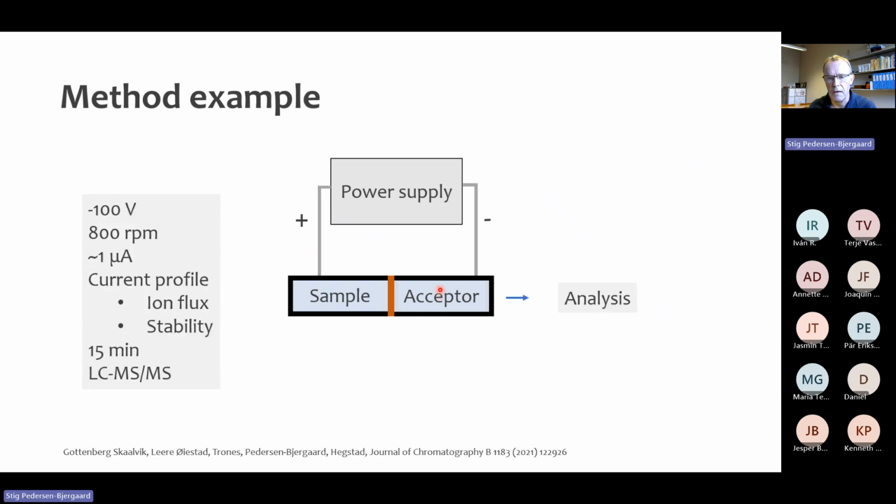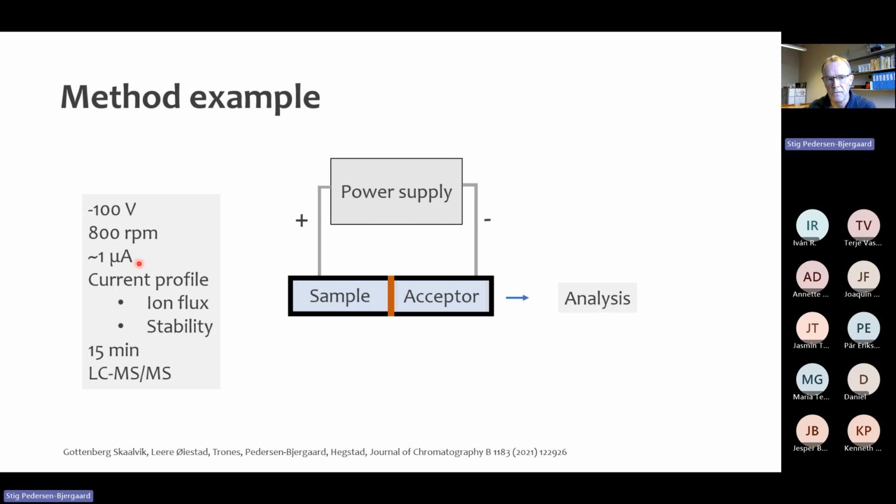We then apply the electrical field. We put the minus electrode in contact with the acceptor because we are to extract positively charged compounds from sample and into acceptor. We also shake the system because the transport of analyte from bulk sample to the membrane is mainly by convection, so strong agitation is important. And when we apply the voltage, the current that flows in the system is approximately 1 microamp per sample.